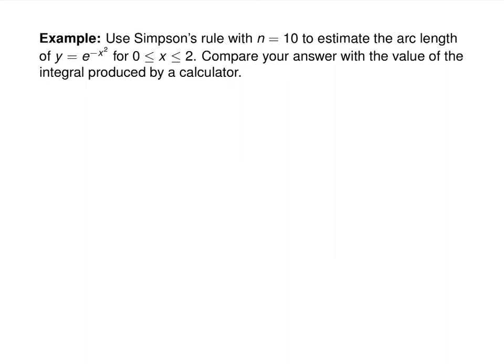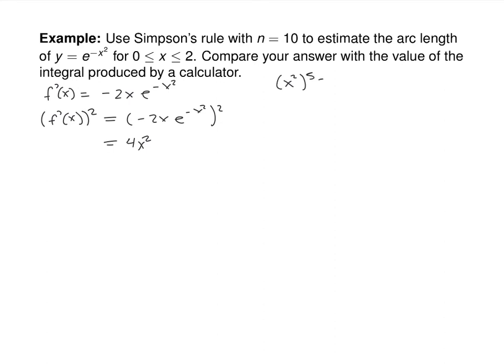So first let's set up the integral. f prime of x, or y prime, will equal negative 2x e to the negative x squared. That thing squared, because we're going to need it, is 4x squared times e to the negative 2x squared. When you raise something with an exponent to a power, those exponents multiply. Like, for example, x squared to the 5th is x to the 10th.